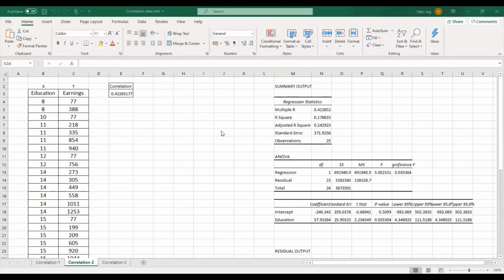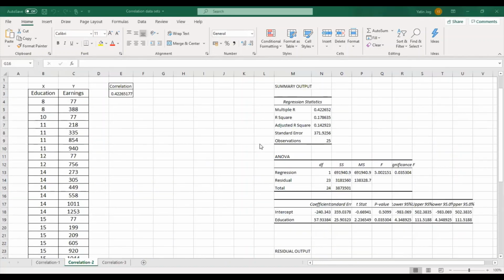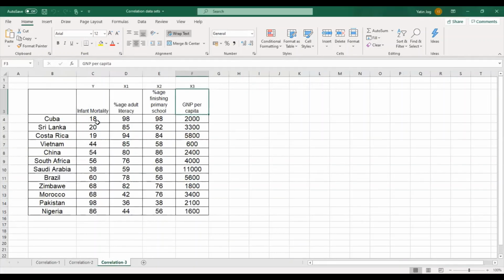We have finished simple regression, basic R square analysis and residual analysis in yesterday's session. Today we will discuss the meaning of standard error, and then the problem you have solved, considering all individual independent variables x1, x2, and x3.